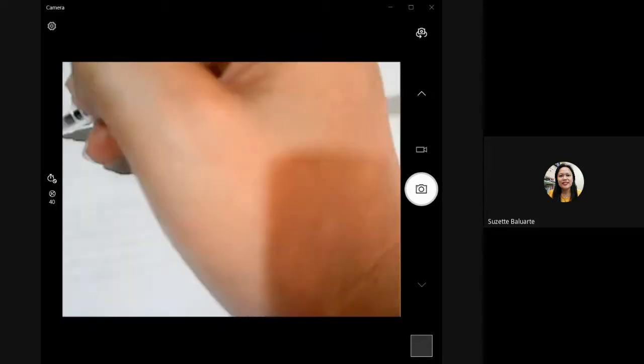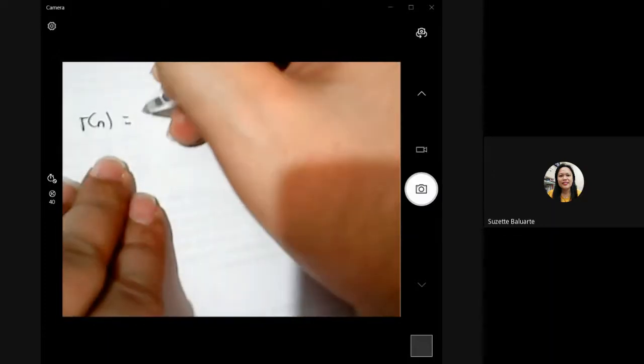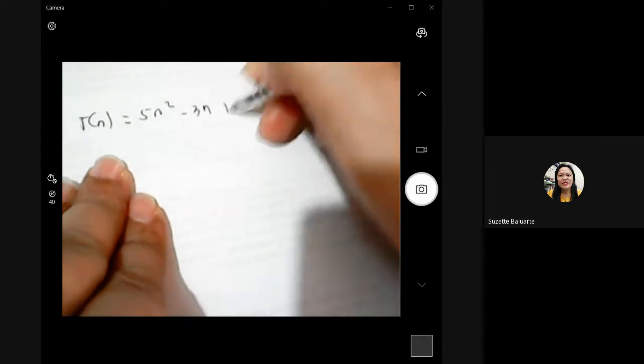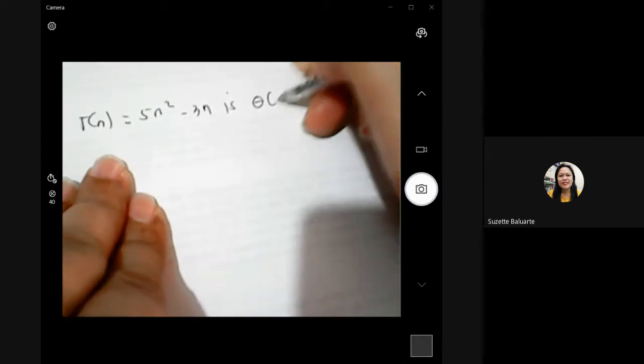So, your T of n is equals to 5n squared minus 3n is big theta of n squared.